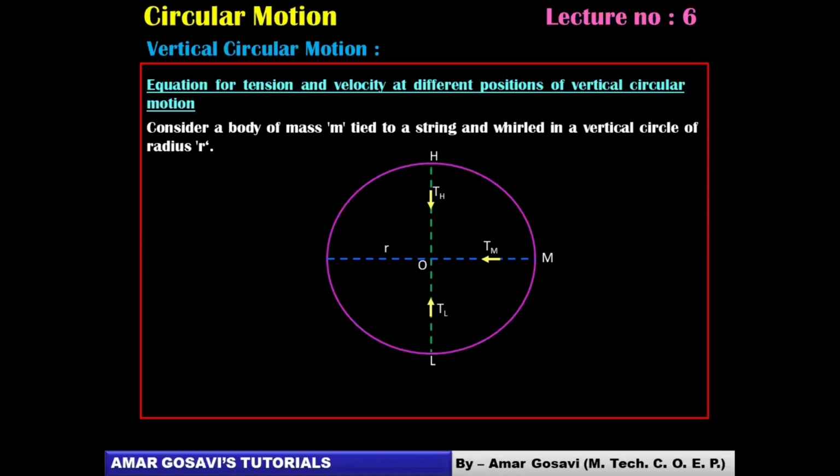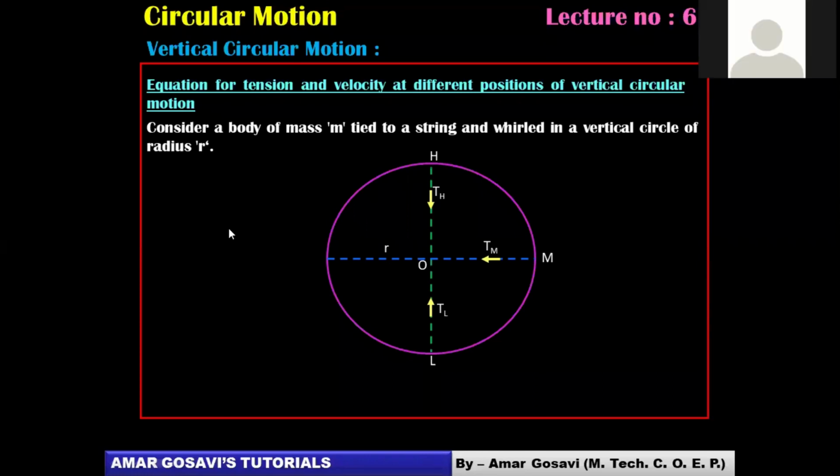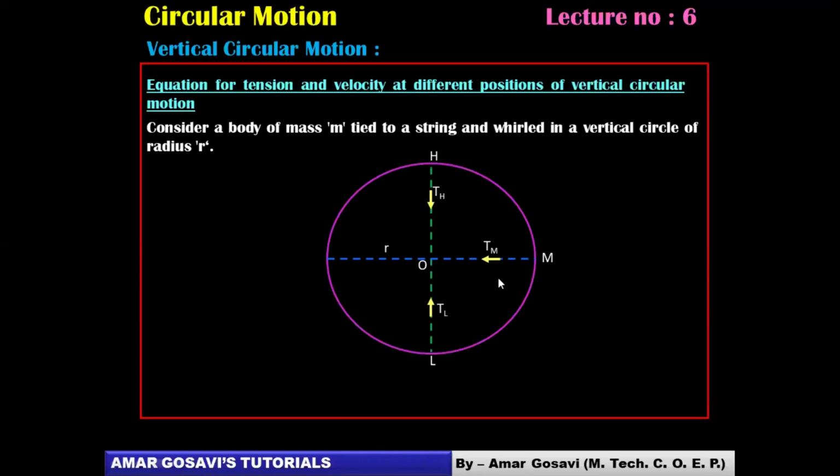So before taking a specific position anywhere, what we can do is, instead of taking a specific position, let's talk about the general position first, and then we try to specify it. So let's talk about a general position, friends.